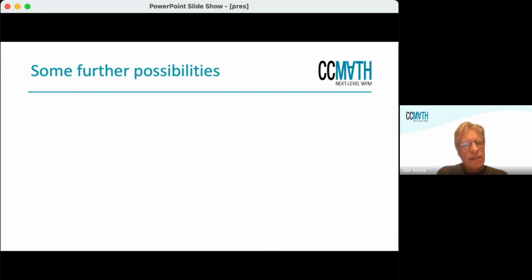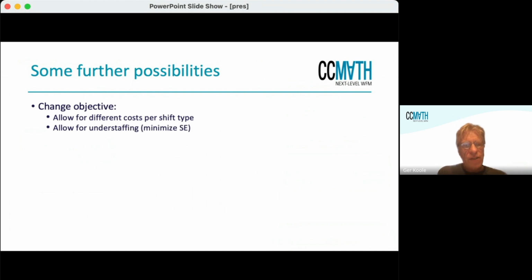Some possibilities that could be done within Excel is to change the objective. I already said that's super simple, allow for different costs per shift type. If you want to allow for understaffing and, for example, maximize the shift efficiency and minimize the shift inefficiency, that's a bit more involved.